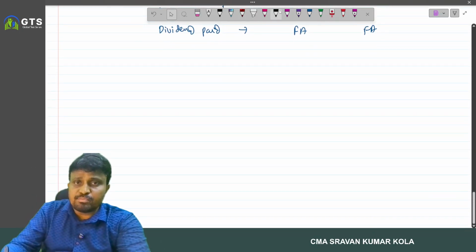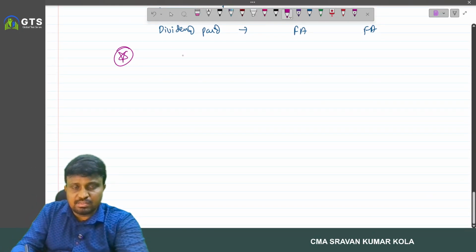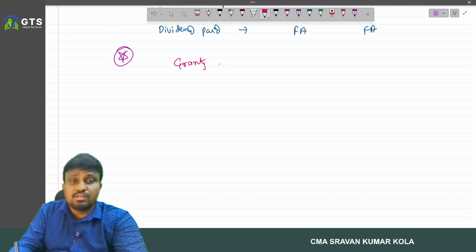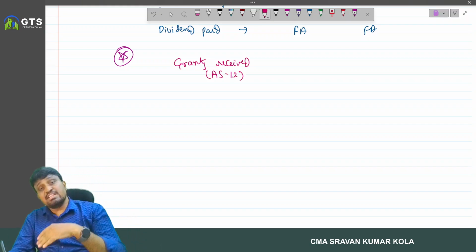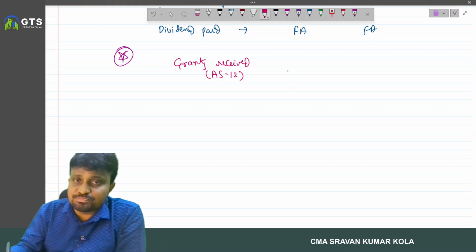Okay, and one more important point relates to grants. If any grants are received, we cover them under AS12 generally. If any grants we received during the year, how to consider them?